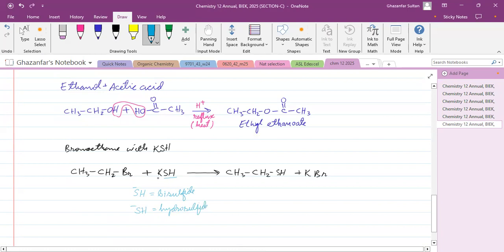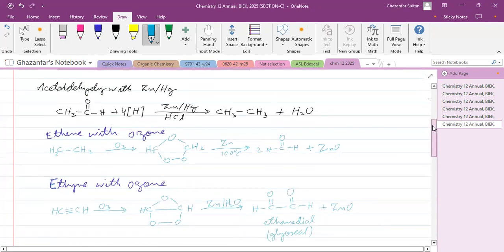So the name of this compound is potassium bisulfide or potassium hydrosulfide. But when it comes into an organic compound, then this is called thiol. So the name of this compound is ethane thiol, and we retain this E because there is no vowel after this. So this is ethane thiol.